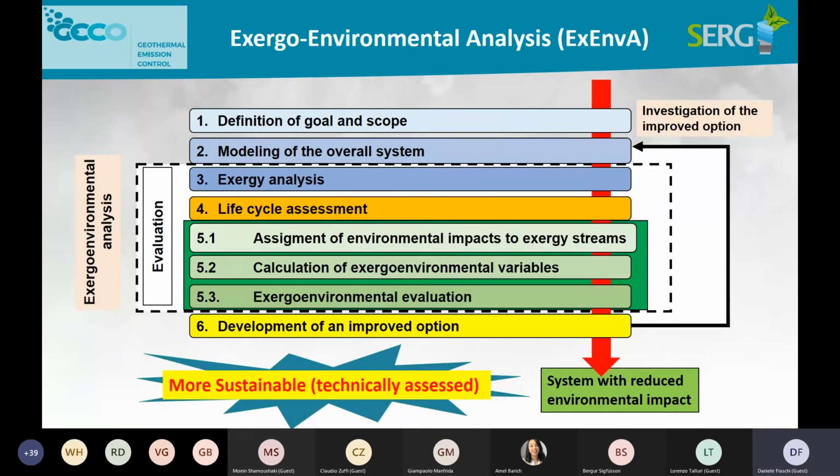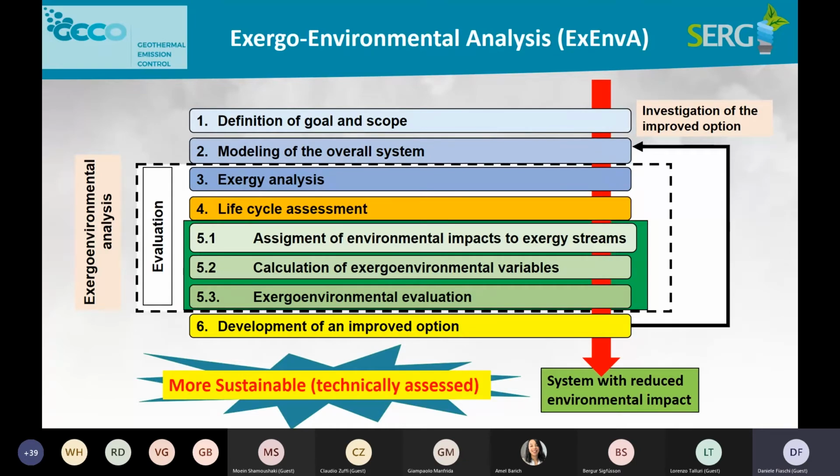This is the schematic of the process structure, having the objective of designing more sustainable energy systems with reduced environmental impact. Notice that the core of the procedure is in steps 3, 4, and 5.